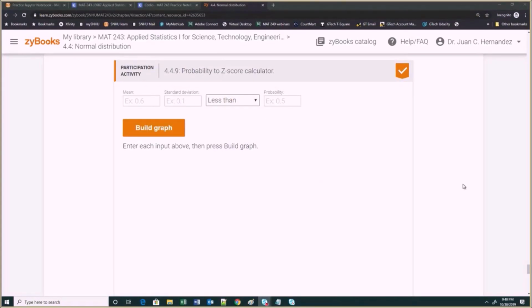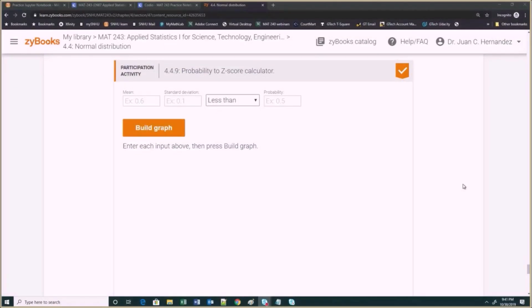So before we start some examples on the normal distribution, where we will be calculating probability for given critical values of a normal distribution, and also calculating critical values when probabilities are given, I want to highlight these 2 calculators that are in Zybook.